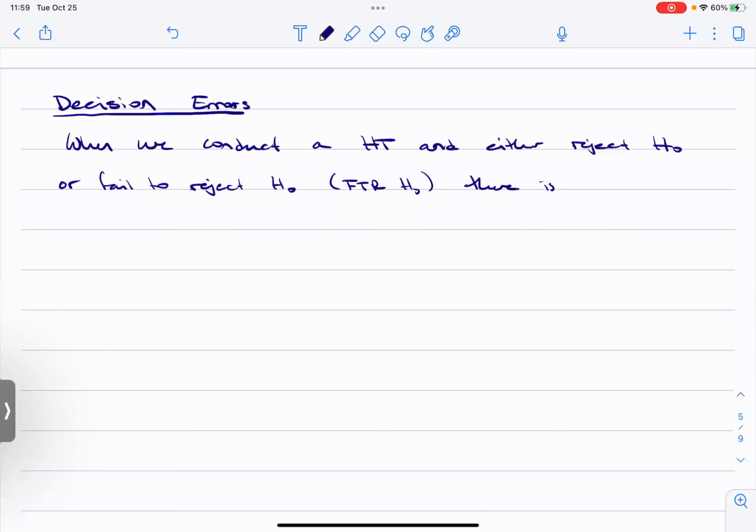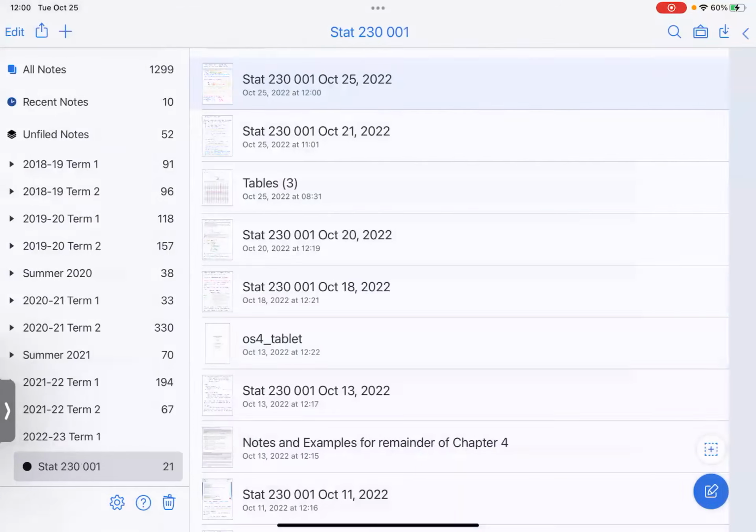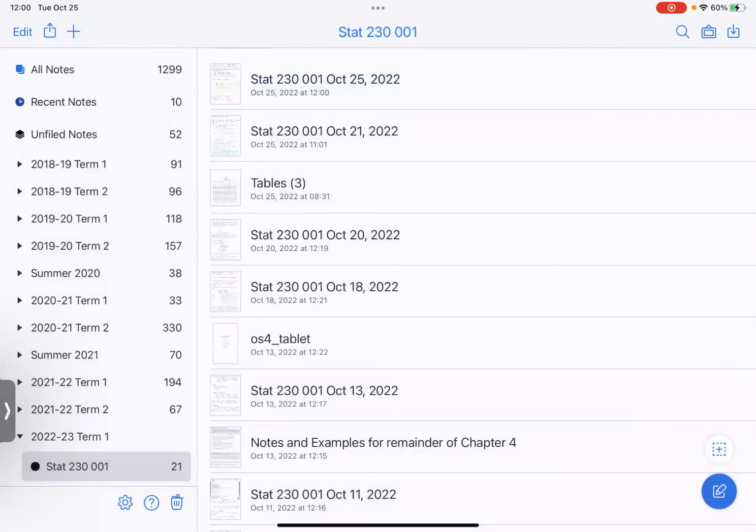There is always a probability that we are wrong. The sneaky part is we don't know if we're wrong, right? And that's kind of the tricky part.